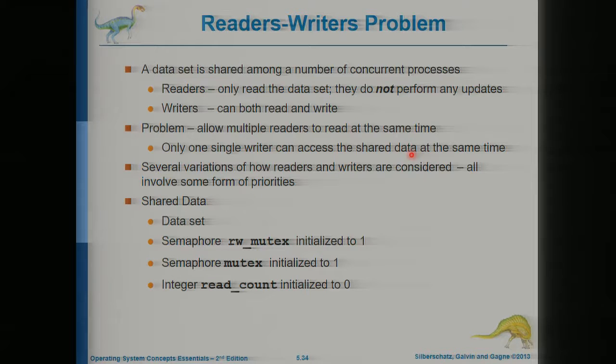And when it finishes reading and exits, it will decrement it. If these processes manipulate the read count together, it will be wrong. We need a semaphore that will take care that this read count is not manipulated simultaneously by two or more processes. So only one process should modify this read count. That is why we are having a mutex semaphore. So let's see the code now, how it works.